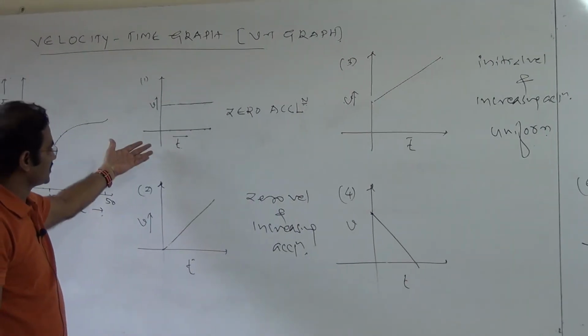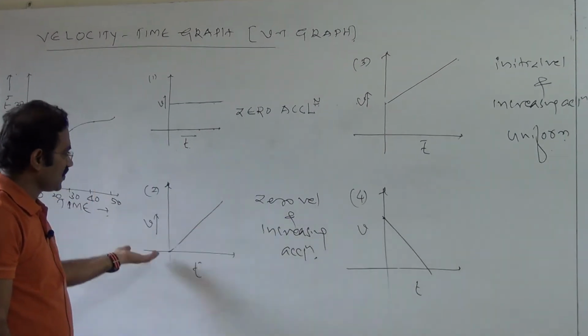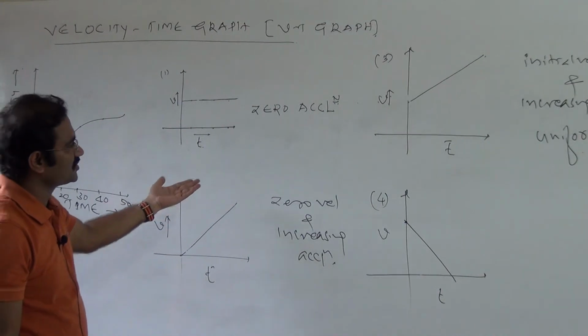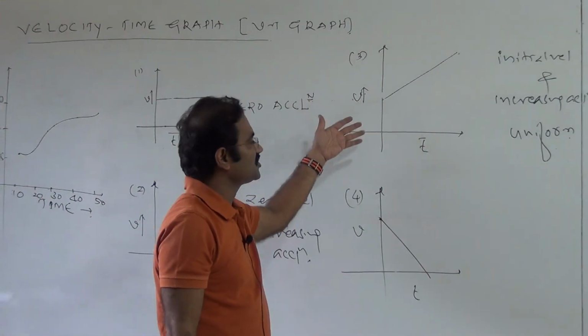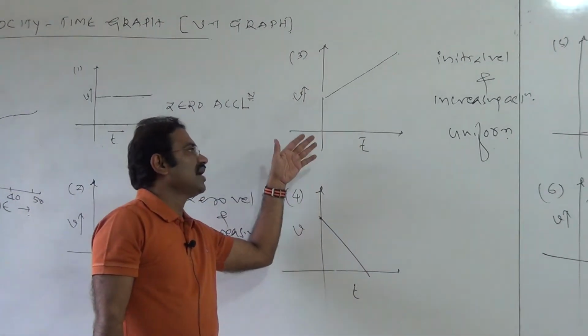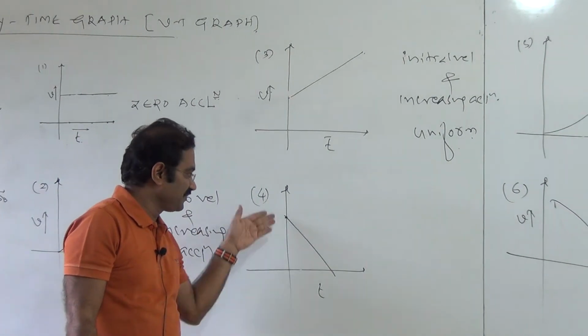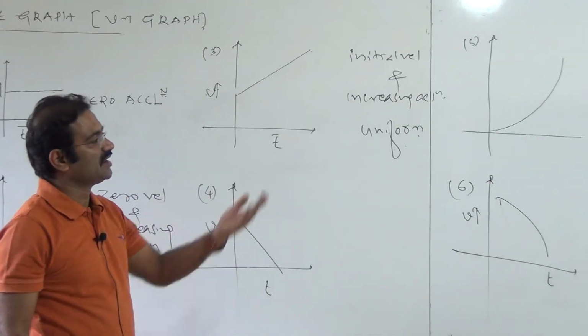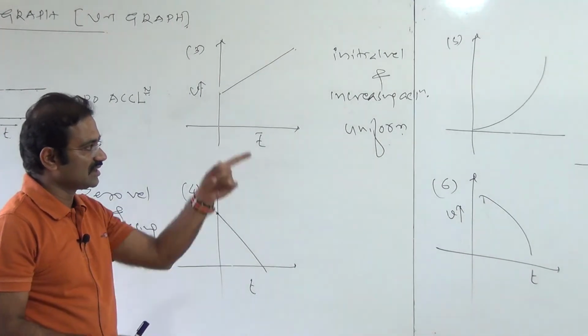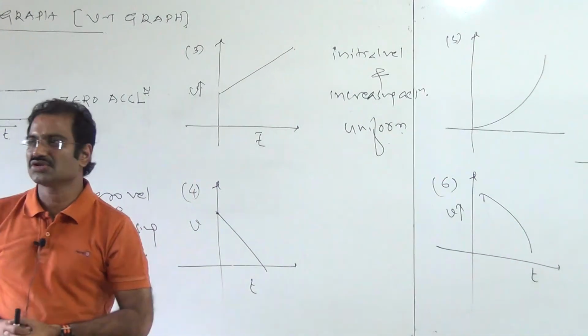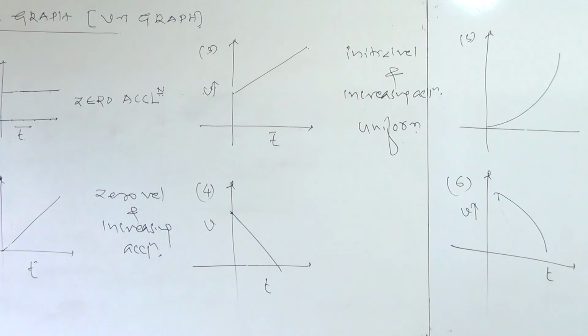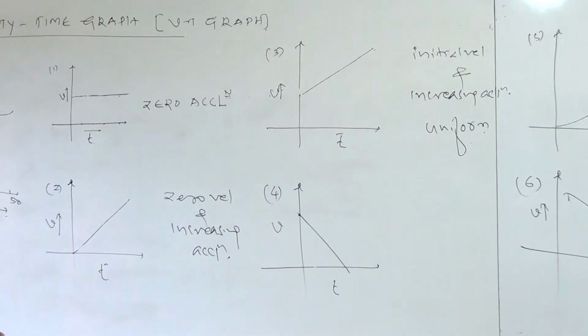One is zero acceleration. Here it is zero initial velocity with increasing acceleration. It has a certain initial velocity with increasing acceleration, and increasing velocity with decreasing acceleration. The last one is the motion under gravity. This is the nature.